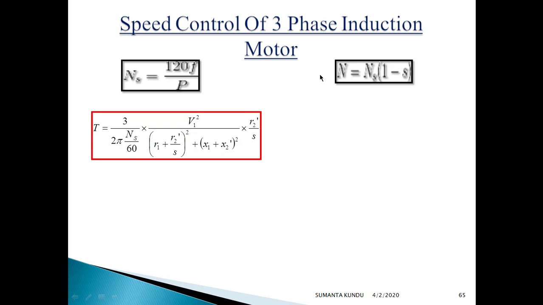So from here we can see, we have already seen how the speed can be controlled by changing the frequency, and by changing the voltage. Now we are going to see how speed can be controlled by changing the number of poles.